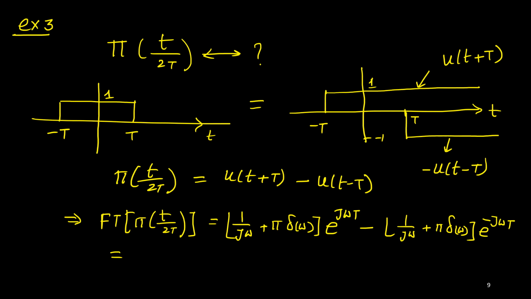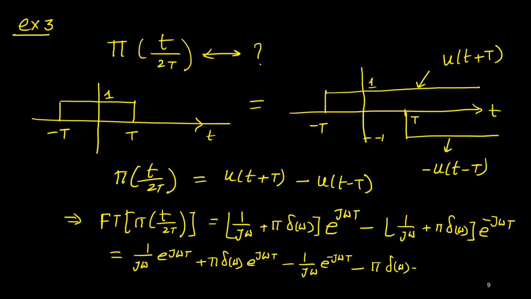The first one is 1 upon j omega times e to the power j omega capital T, and next one is pi del omega e to the power j omega T, minus 1 upon j omega e to the power minus j omega T, minus pi del omega e to the power minus j omega capital T.